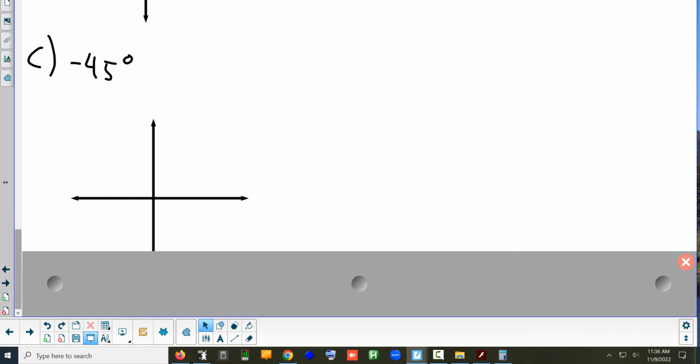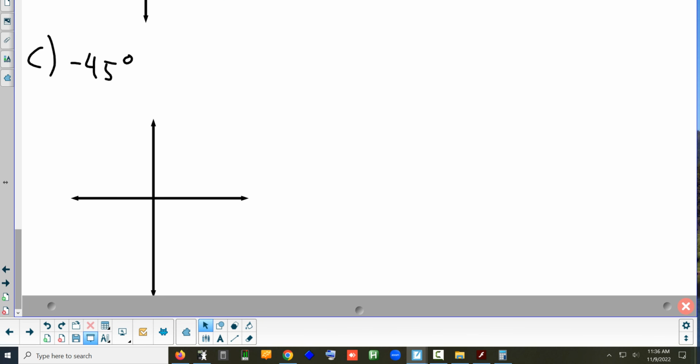All right, I'll do this one. Negative 45. Where's my terminal side going to be for this one? Let's start with the quadrant. It's going to be in quadrant 4. Closer to the horizontal, the vertical, or right in the middle? Right in the middle. There's your angle.